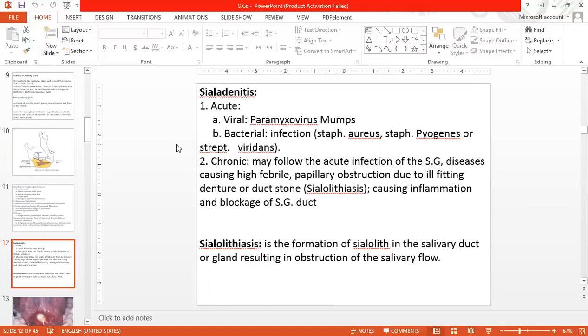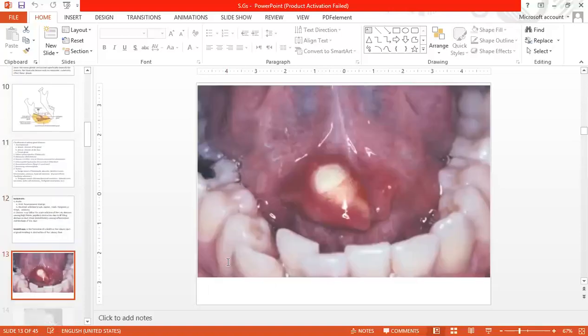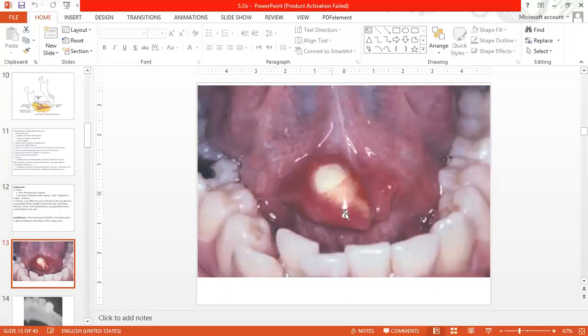Regarding sialolithiasis, which is the formation of a stone or calculus in the salivary duct, resulting in the obstruction of the salivary flow. This is, as you see here, a stone on the orifice or nearing the orifice of the submandibular duct, Wharton's duct, and this is the inflammation of the papilla surrounding or on the summit of this papilla.